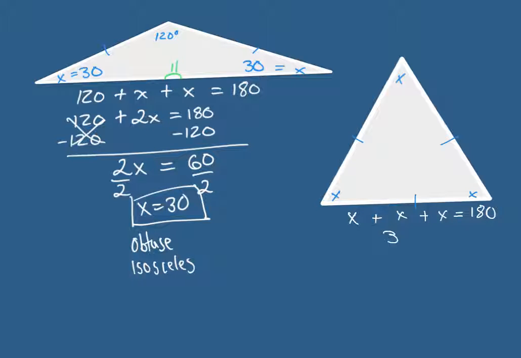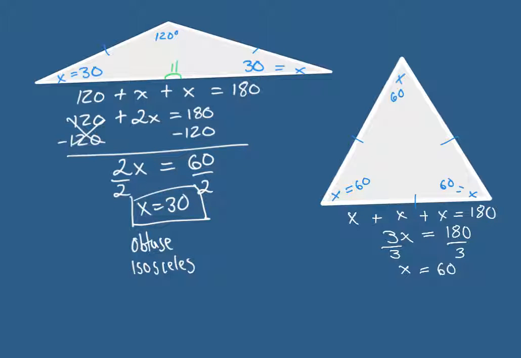And then we will have x plus x plus x is equal to 3x, 180. Then what you should have done next is divide by 3 and divide by 3. And then you get, oops, sorry about that. You get x is equal to 60.